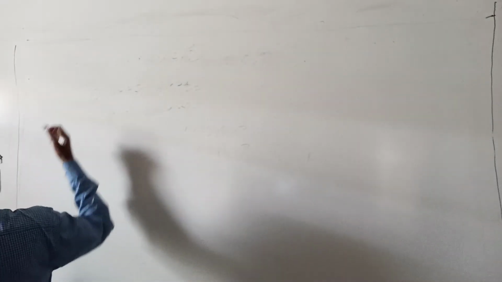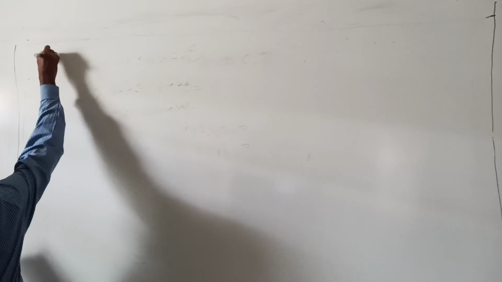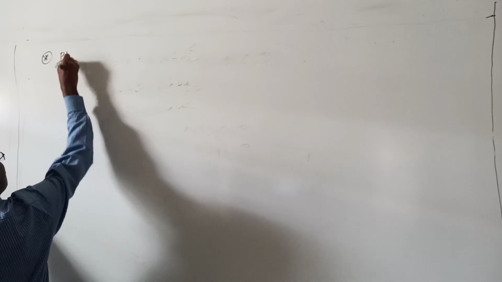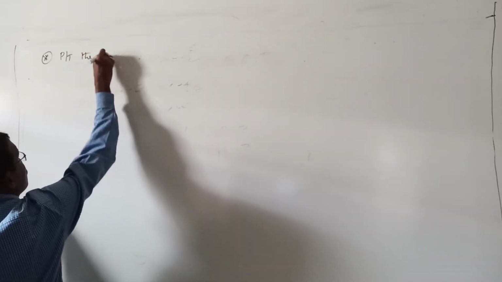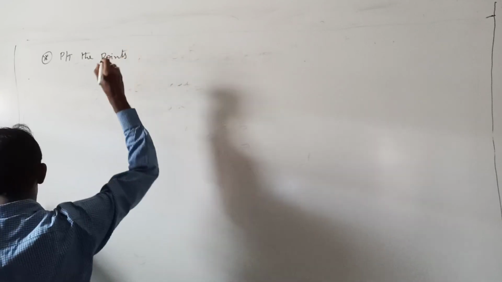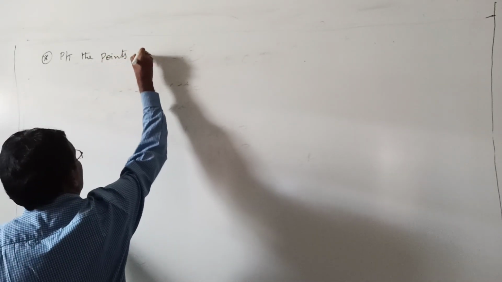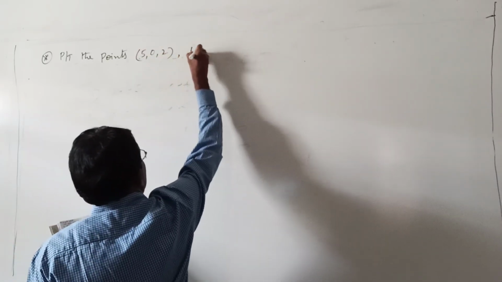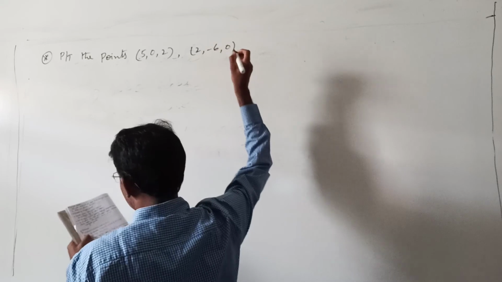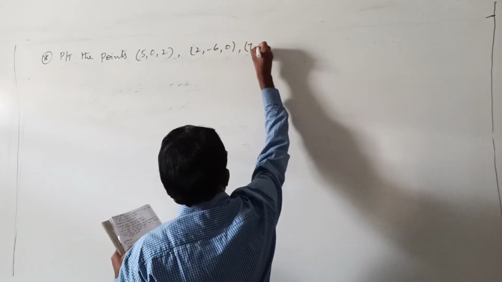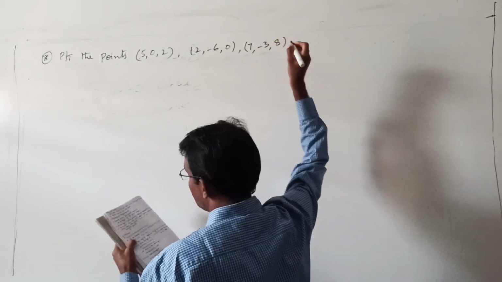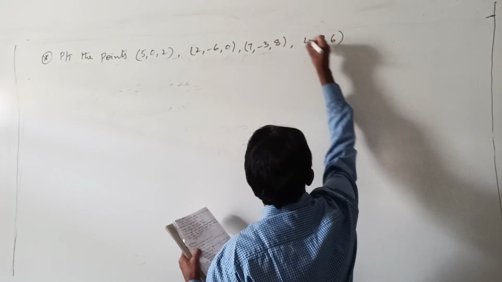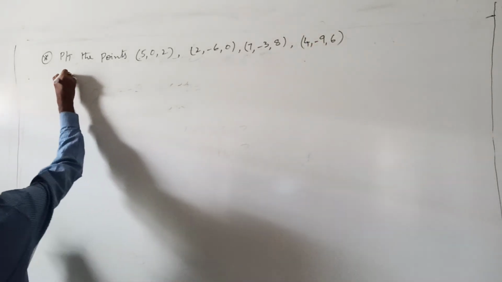Yes, the problem here: prove that the points (5, 0, 2), (2, -6, 0), (7, -3, 8) and (4, -9, 6) are concyclic points.